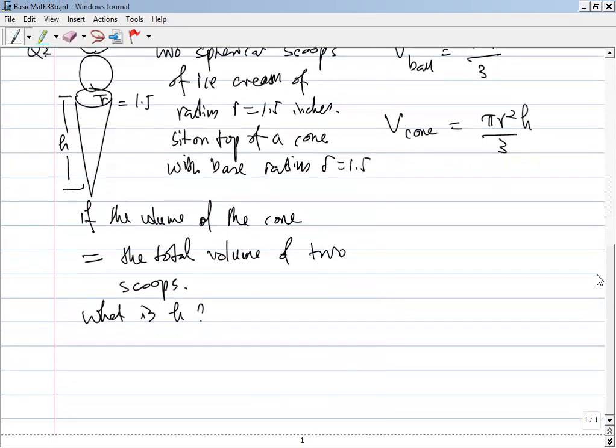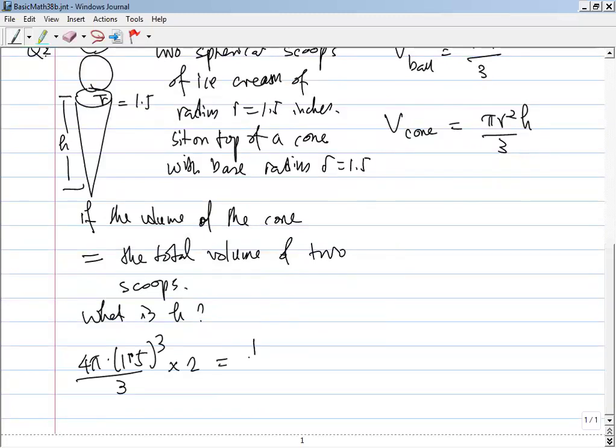So the volume of the scoops is 4 pi, 1.5 cubed divided by 3, and multiplied by 2.